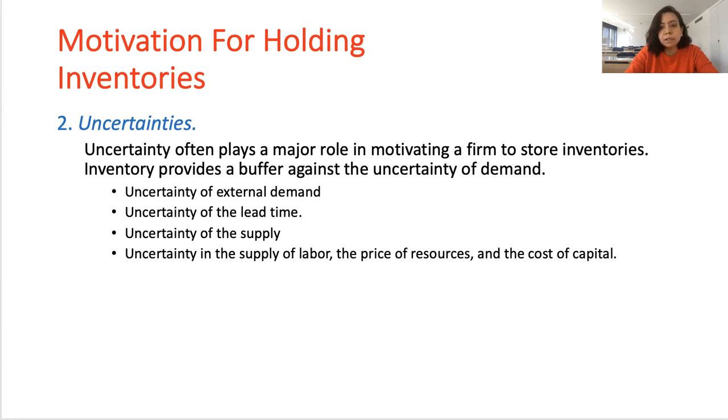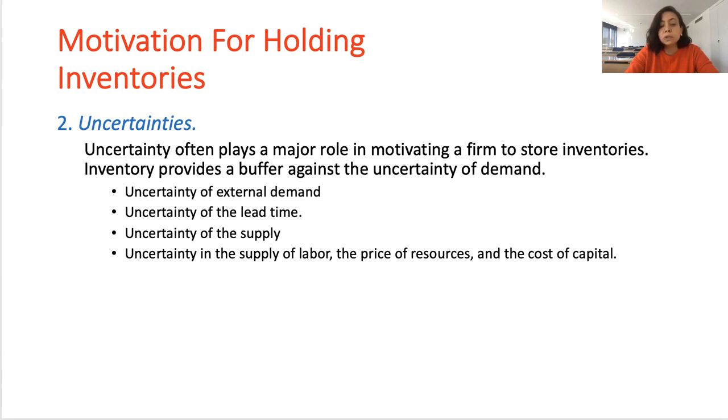If a customer requests an item that is not available immediately, it is likely that the customer will go elsewhere. Or in the worst case, the customer may never return. So, to cope with this uncertainty of external demand, companies may store products.